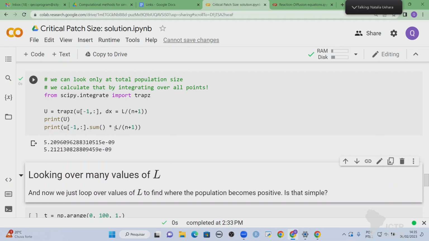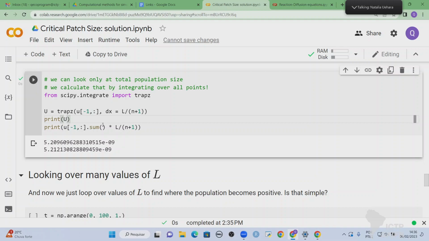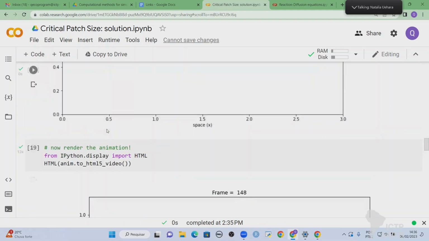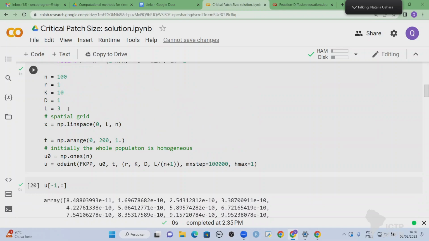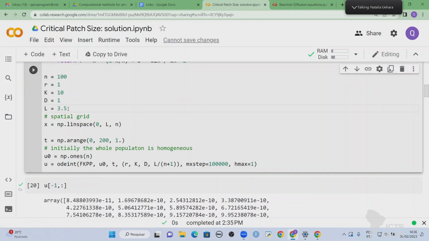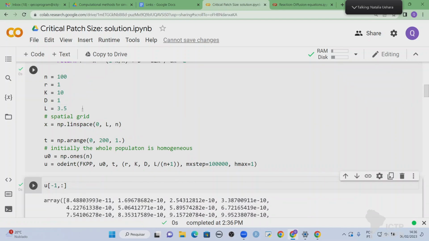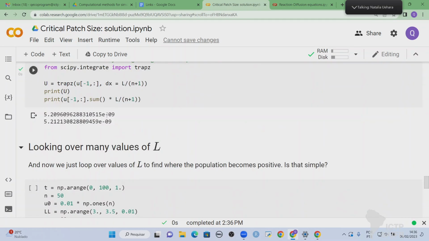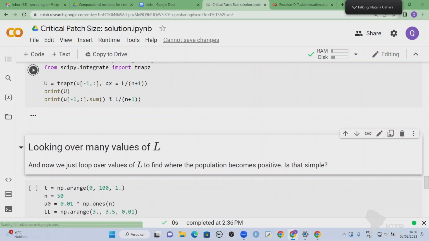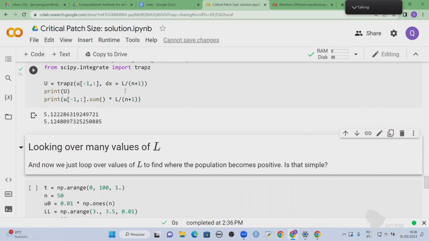Not so much in this case, because these solutions are almost constant, so there's not going to be a lot of difference anyway. But if I put 3.5 over here to check that this is not going to extinction, it's still pretty close.